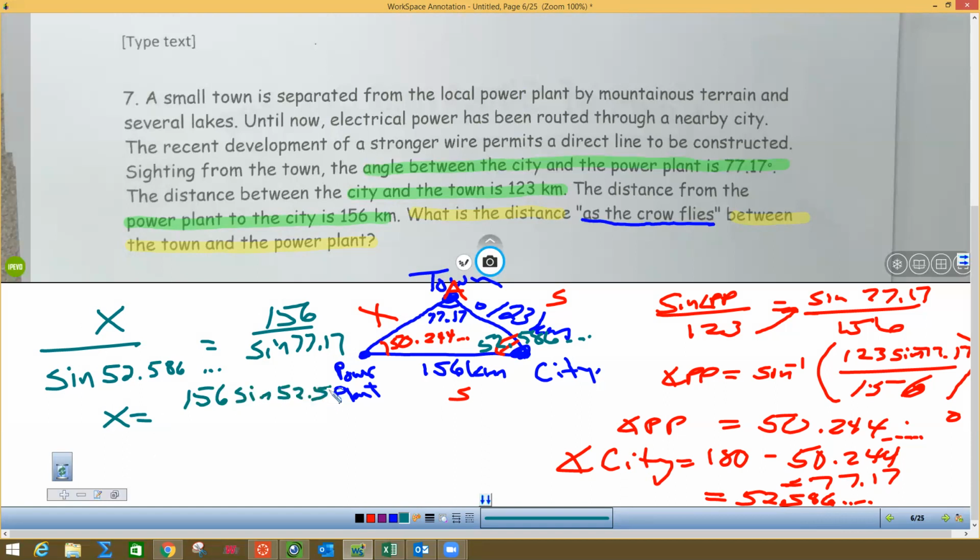Yeah. Good. So we'll get this and we're almost done. So what do we get this x to be? Do you have to hit a second sine on this one? No, because this is a side. Anybody got anything? 127.078 kilometers.